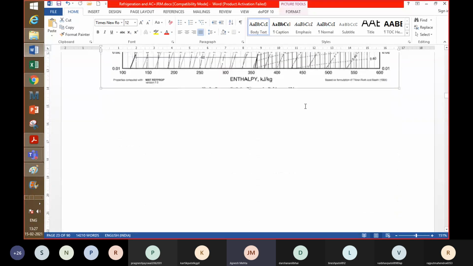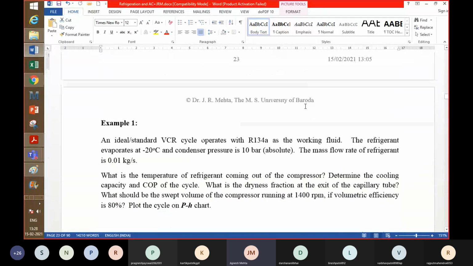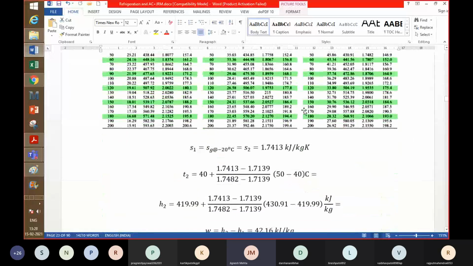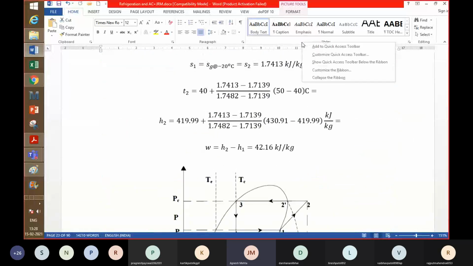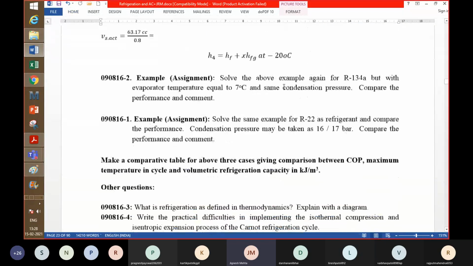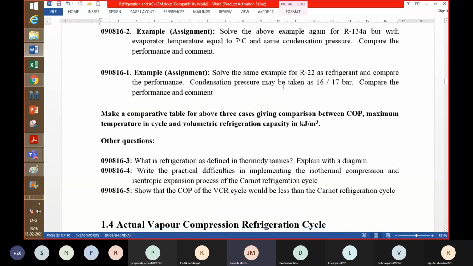Let's now move to the next topic, and that is about the deviation of the actual vapor compression refrigeration cycle compared to the standard vapor compression refrigeration cycle. So that's the next topic, and there are some examples that you can also solve, right?